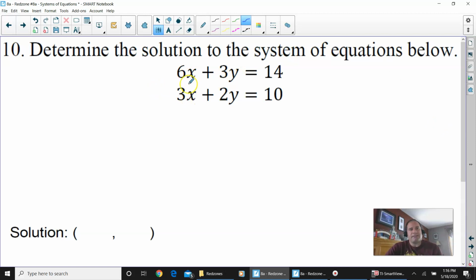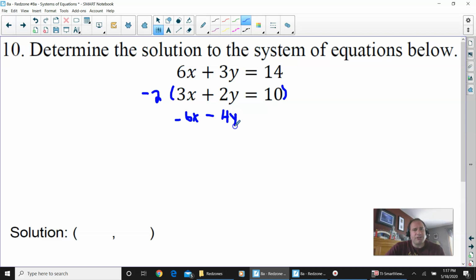Remember, the x's are the ones that you should really be going after to cancel. So you're going to multiply the bottom by some number. Pick that number. Try to solve it. Press pause now. Okay, so I did choose to multiply by a negative 2 because I knew that negative 2 times 3x would be a negative 6x, and negative 2 times 2y would be a 4y.